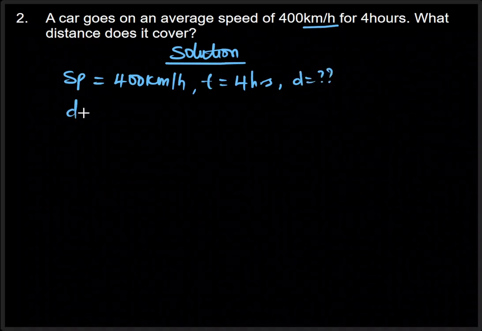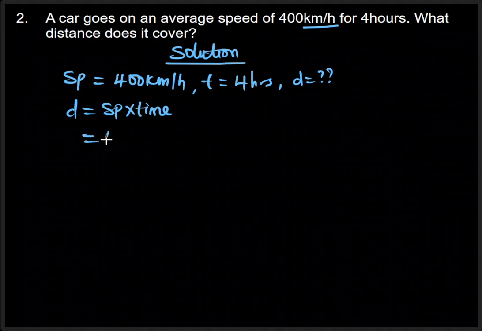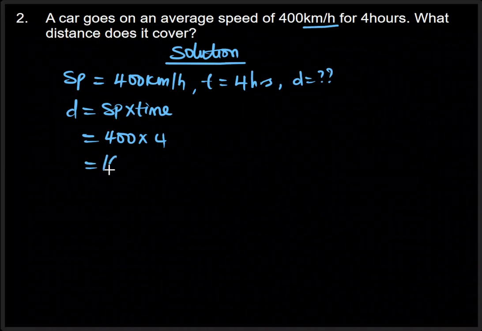The formula for distance is speed times time, which gives us 400 times 4, which makes it 1600 kilometers. You can see the unit: this is kilometers per hour, this is hours, so our distance should be in kilometers. That's how we get our distance.